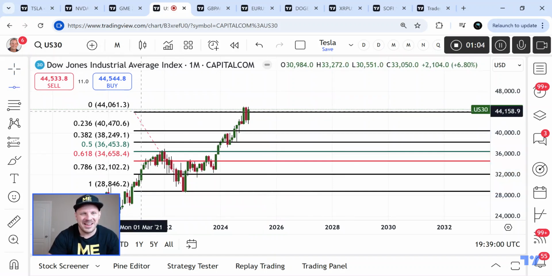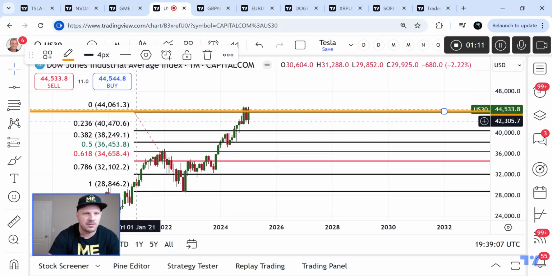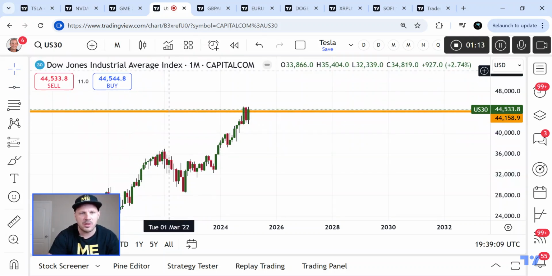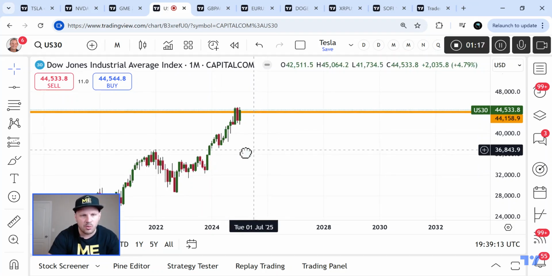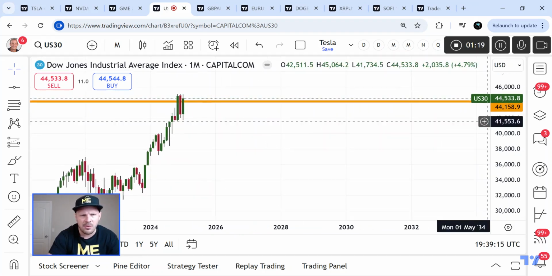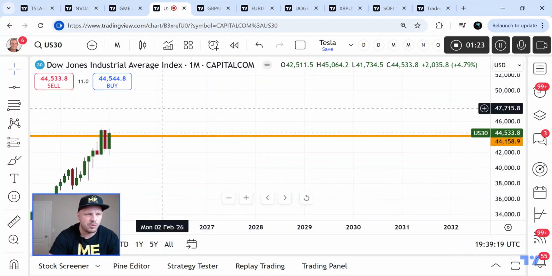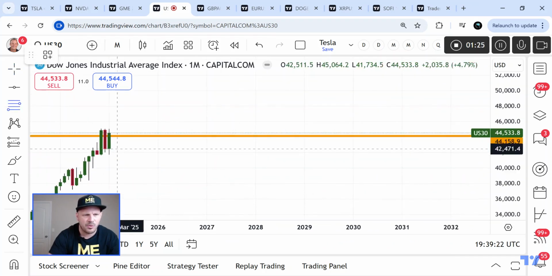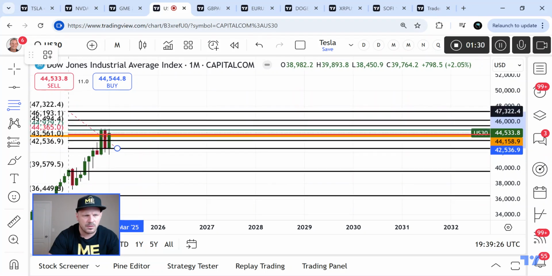So the Fib projection tool that I use, once you understand levels, waves, markets, can really be used to figure out your next wave, where you're going and what you're doing. Now, if we go a little bit closer here, and say this market is going up for whatever reason, 47,322 is the next level up.